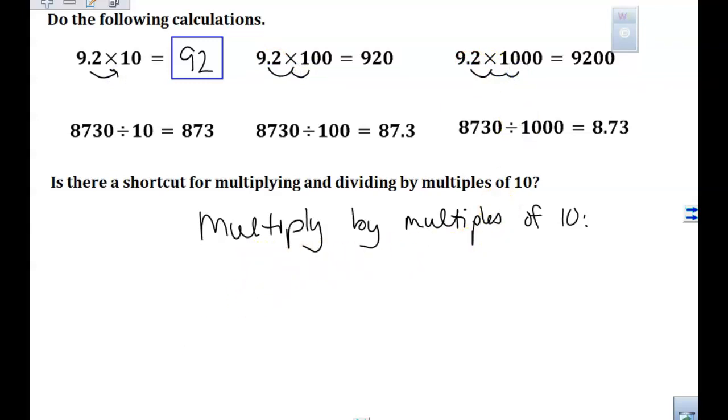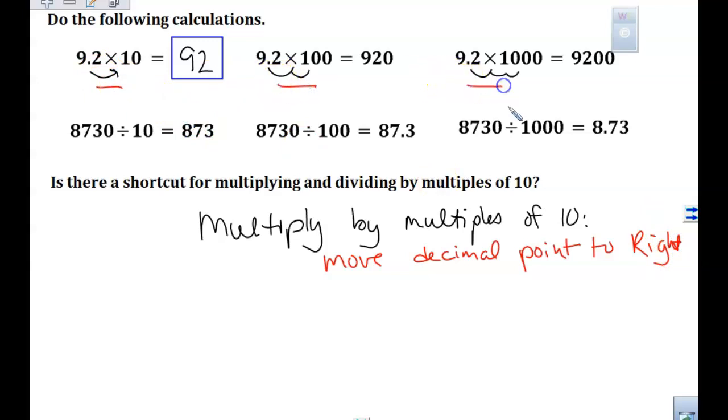And so when we multiply by multiples of 10, we are going to move the decimal. How do we know how many times to move it? We're going to move that decimal point to the right. But what determines how many places I should move it? If I only move it one place, if I move it 2, if I move it 3.